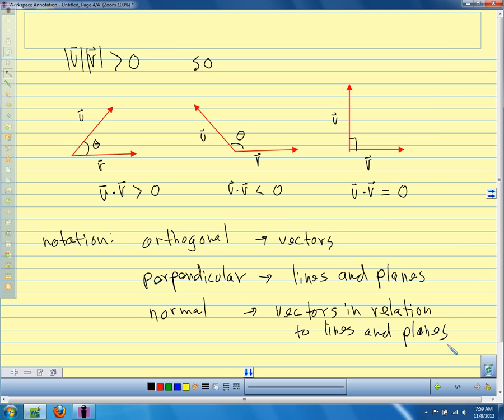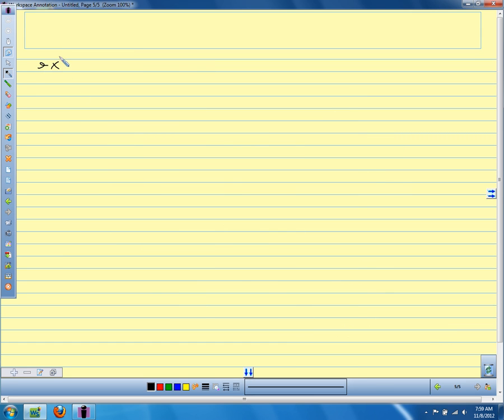All right. Do we need to see an example of calculating a dot product and figuring out the angle between two vectors? Do an angle one. An angle one. Okay. So let's look at u.